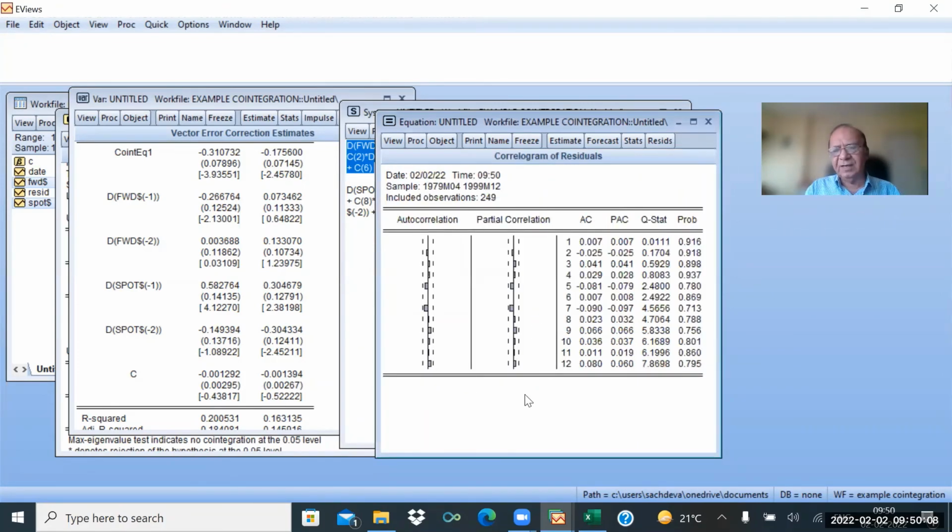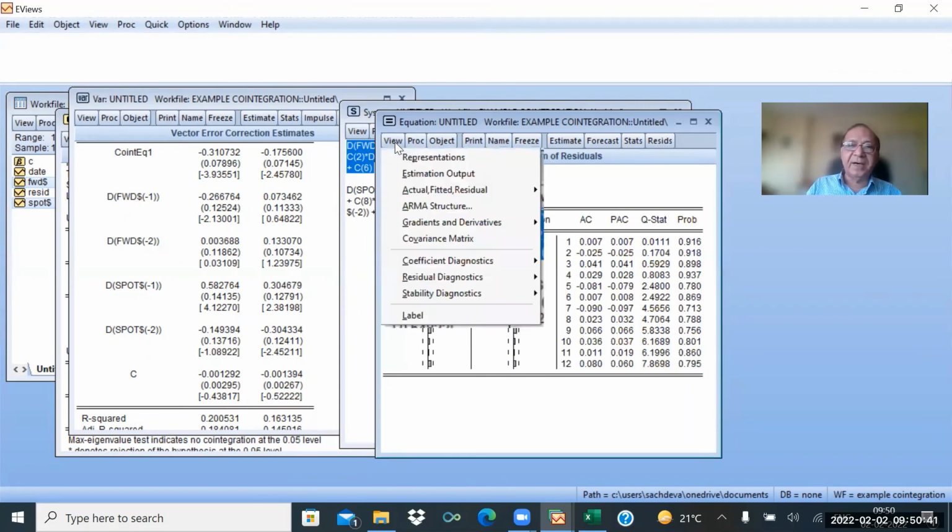Now all the autocorrelation, see the dotted lines and the fluctuation in the dotted lines. All autocorrelations are falling within the 95% confidence level. Similarly, partial correlations are also falling in this. So it means the lagged values don't have any kind of autocorrelation.